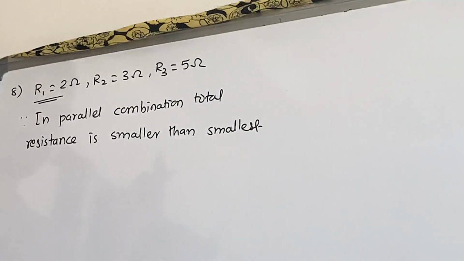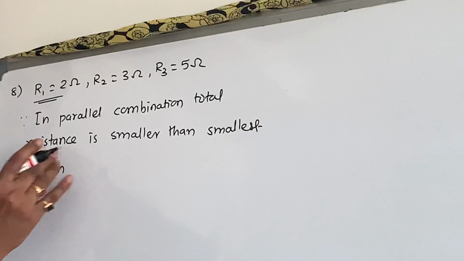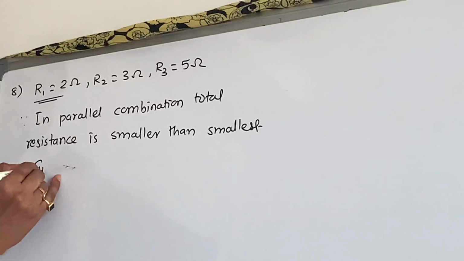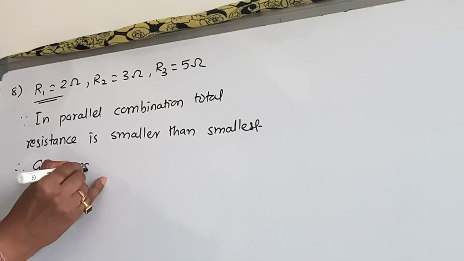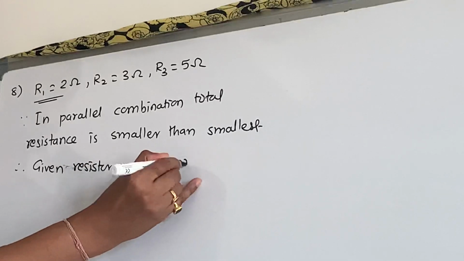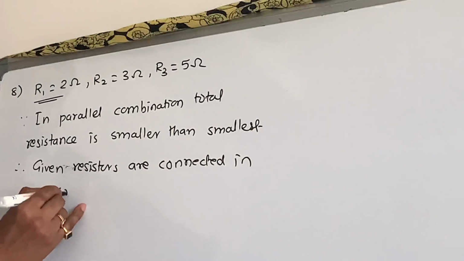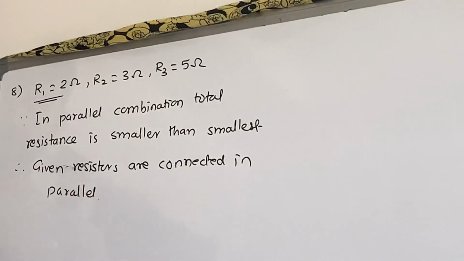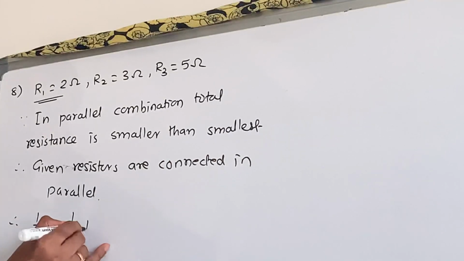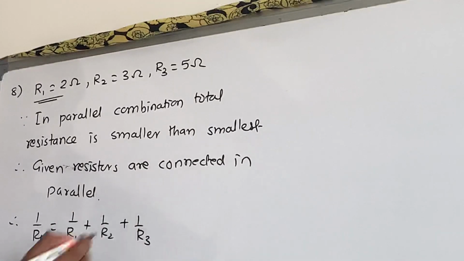That is the given condition. Therefore we can write, the given resistors are connected in what? Parallel. So when they are connected in parallel, what will happen? 1 by RP is 1 by R1 plus 1 by R2 plus 1 by R3.